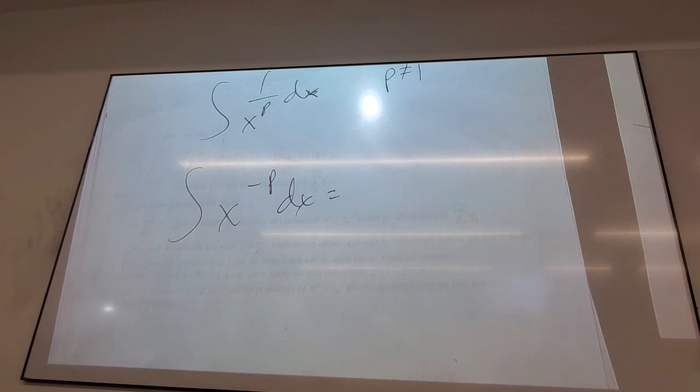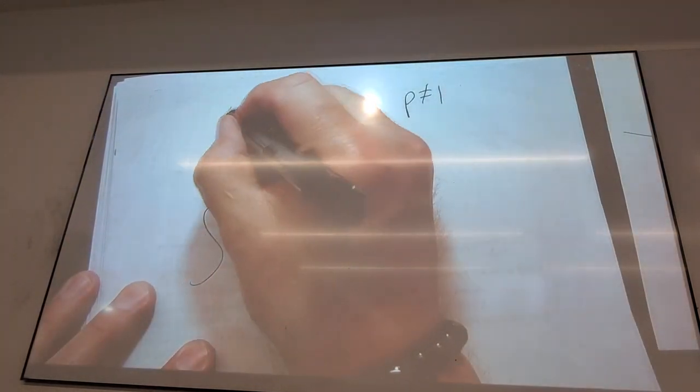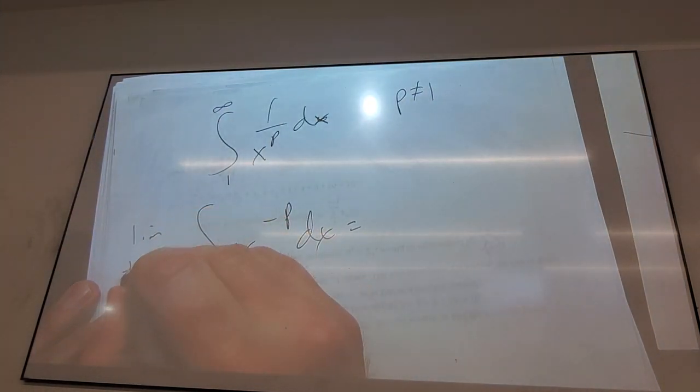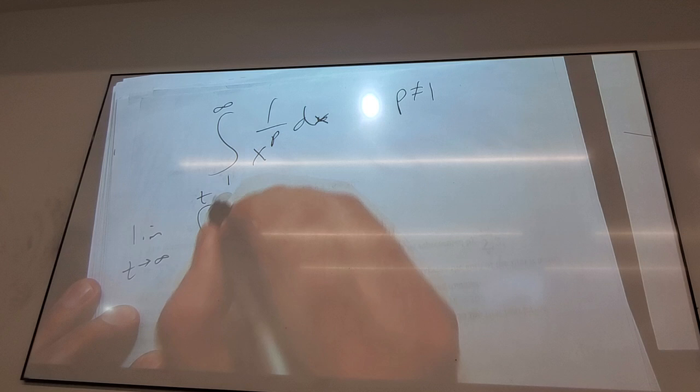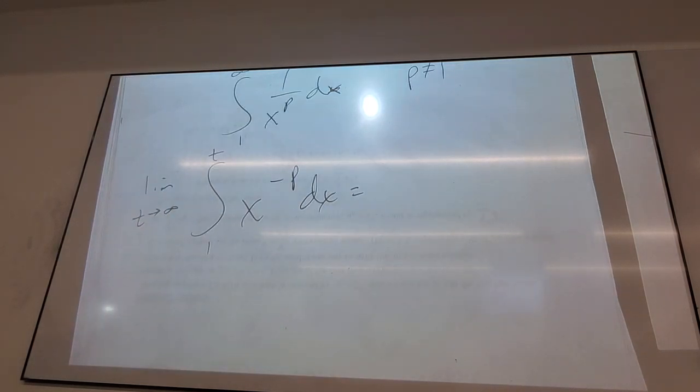P represents a lot of constants, but at any moment it is a constant. How do I integrate x squared or x to the negative 7? That's always the same thing. What do we do? Add 1 and divide by the new power. Oh, I forgot one thing, the most important thing. I have to turn infinity into t. So put on that limit 1 to t. Okay, sorry. I got too excited.